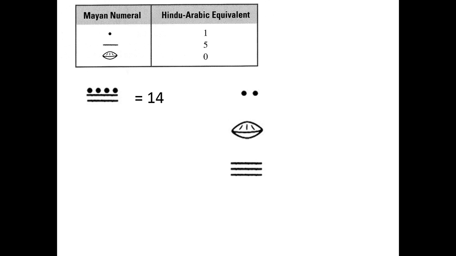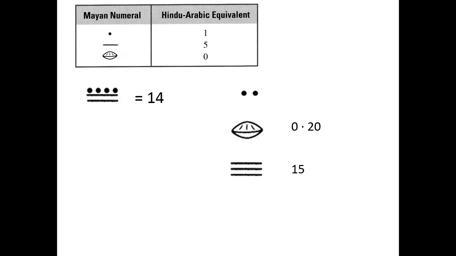If we have groups of numbers, we'll have to think about the place value. So the three horizontal lines on the bottom are in the ones place. So that would be 15 ones or just 15. The next place above that is how many 20s we have. And that symbol represents 0. So we have 0 20s.